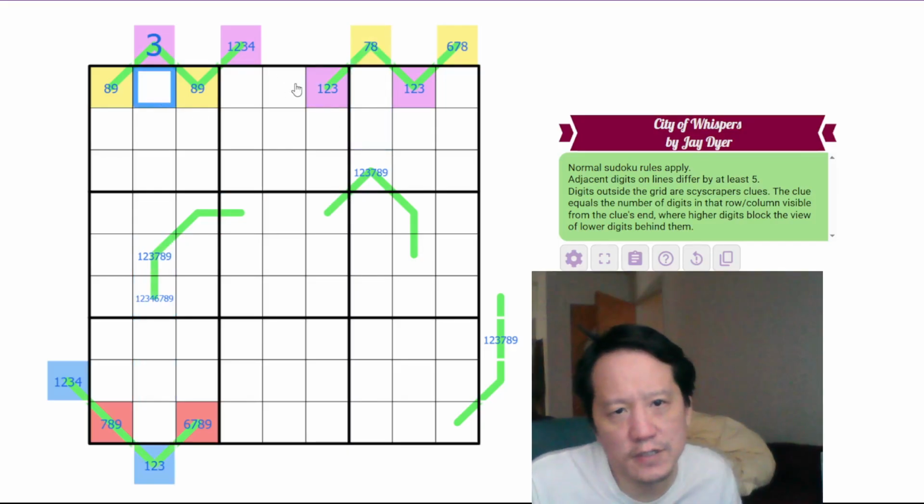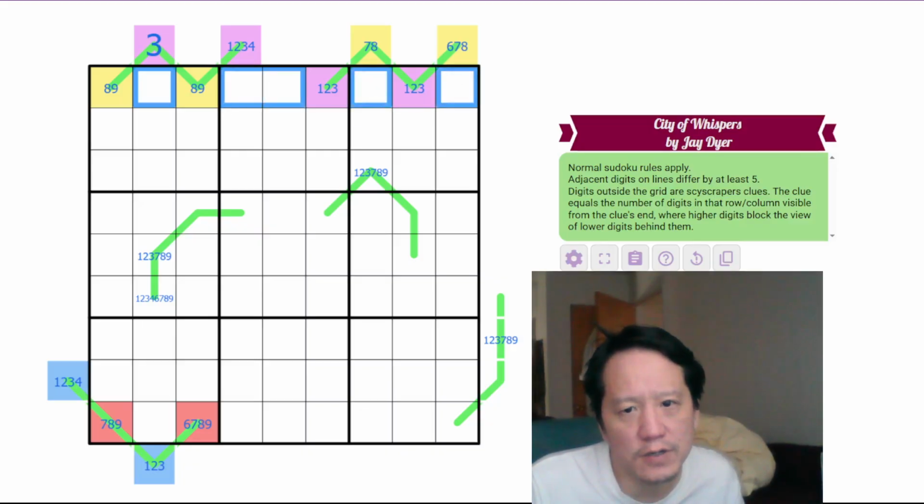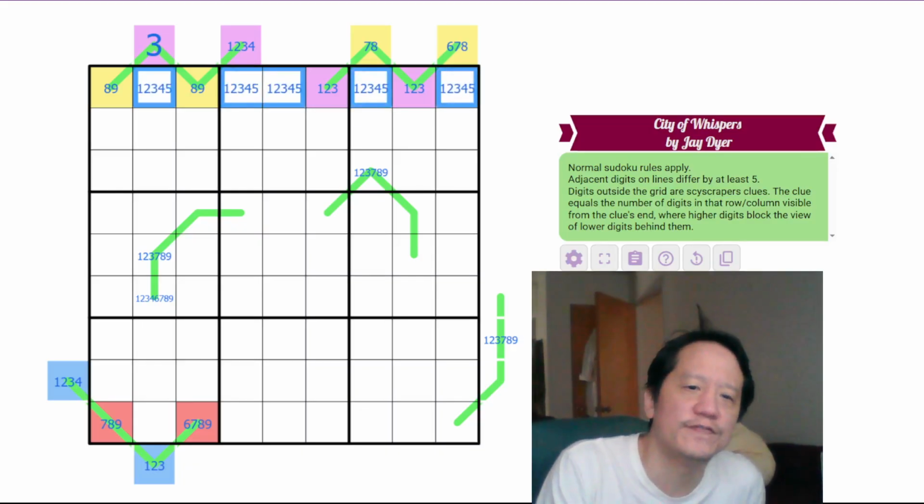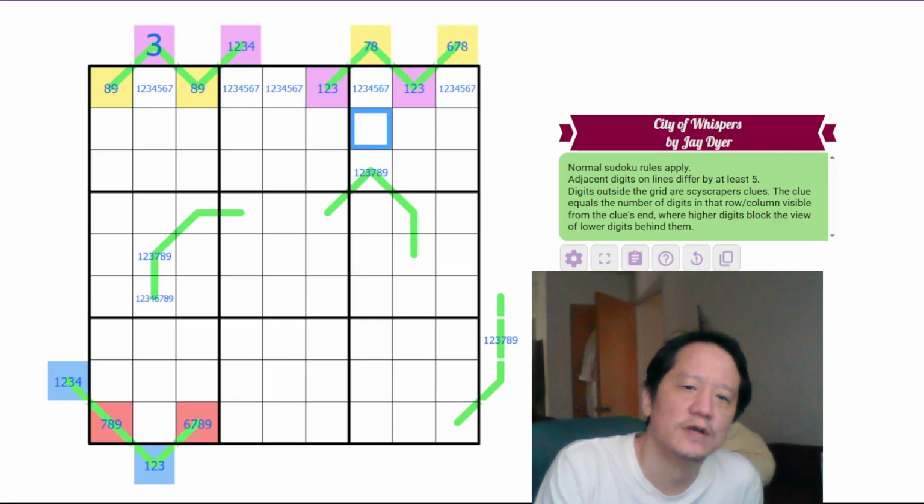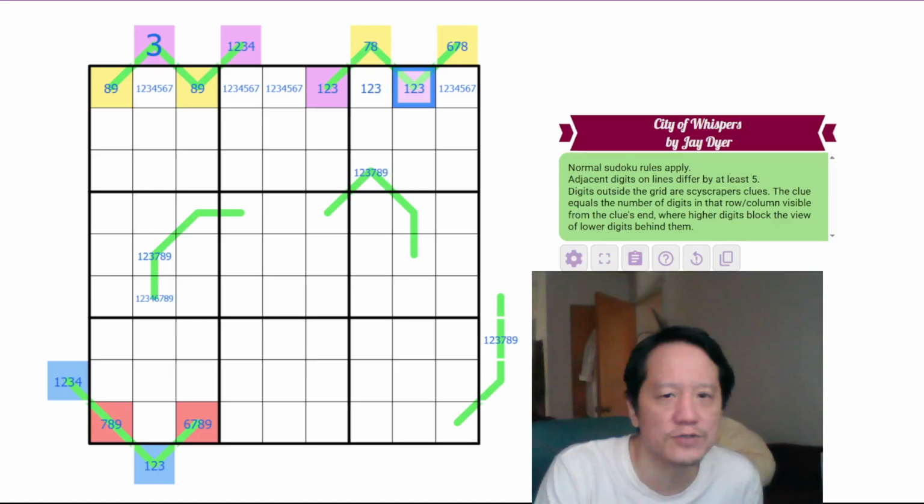Remaining digits in row 1 are 1, 2, 3, 4, 5, 6, 7. Okay. This cannot be 7, 6, 5, or 4. It has to see at least. So this is 1, 2, 3 as a triplet, which eliminates 1, 2, 3 in the rest of the row.